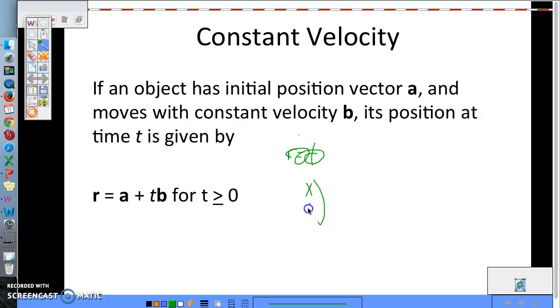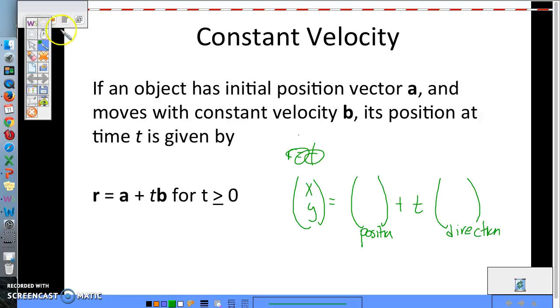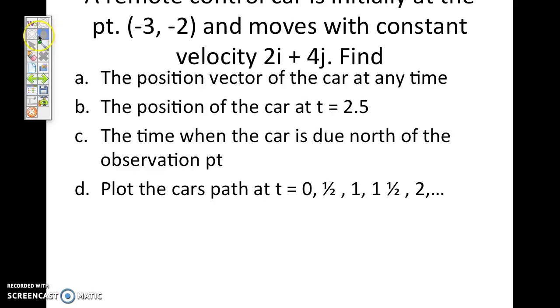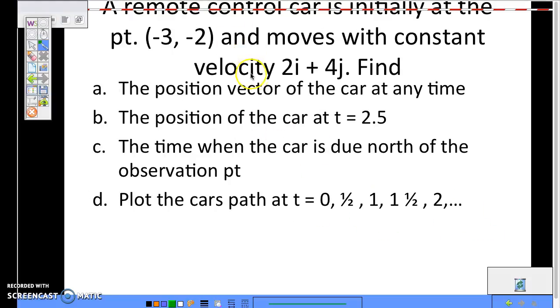So to find where its position is at x, y, we start with our position vector plus t times our direction vector, which is also our velocity, like what way it is going. In this first one, we have a remote control car at an initial point of -3, 2 and it moves with a constant velocity.